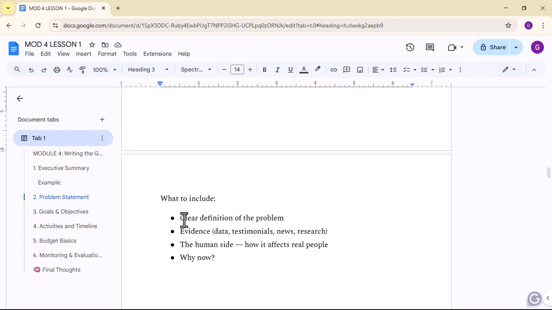So these are the groundwork when you are trying to draft your problem statement, or when you are trying to understand what exactly the problem you are solving is. They are the initial research and initial homework that needs to be done to have evidence, to have data to back some of the things you are talking about, to have testimonials of people in the particular place that are experiencing that problem, or maybe a news report that you want to use.